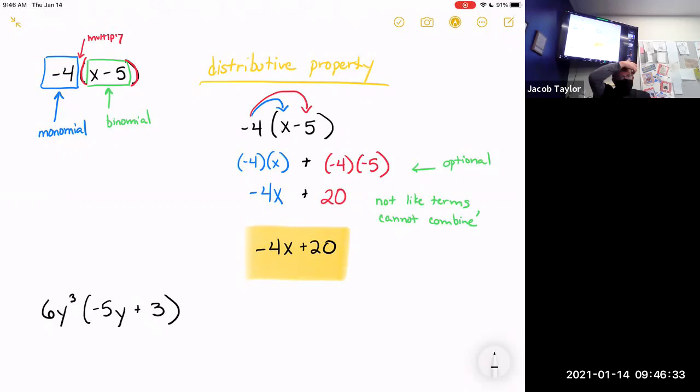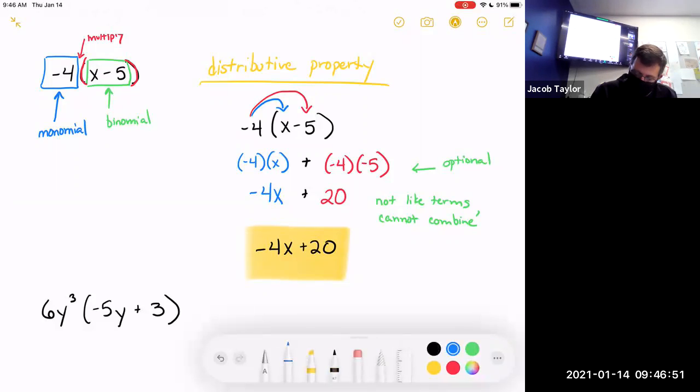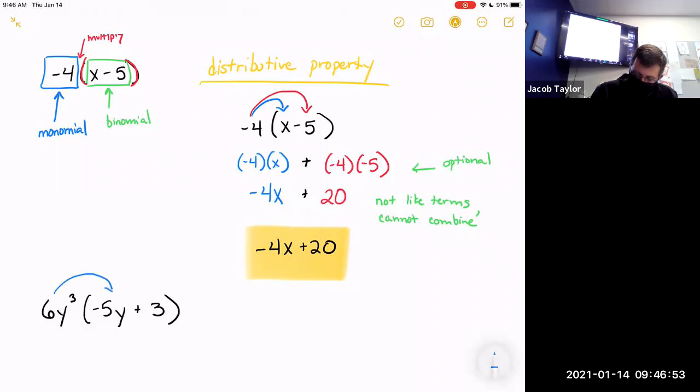So again, this is a monomial multiplied by a polynomial. This time we're going to be using our product of powers rule, though, which we learned last time, because whenever we do the distributive property, the very first thing that we do is multiply two things together that both have a variable.